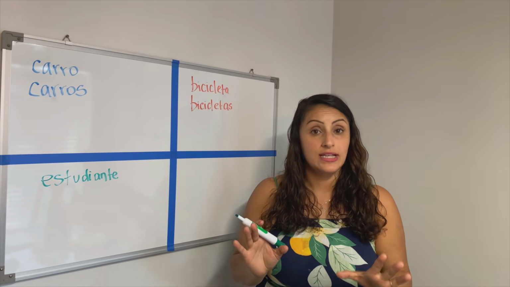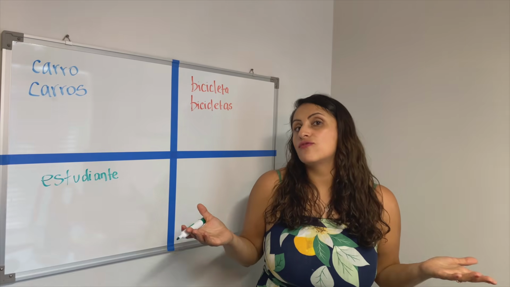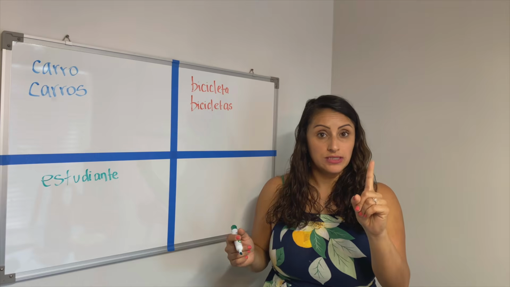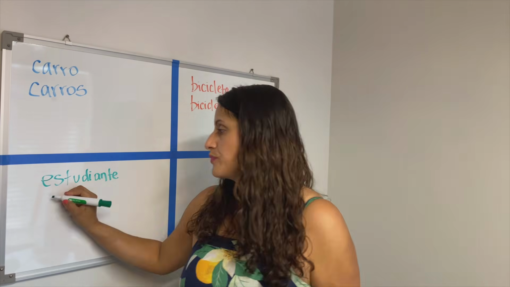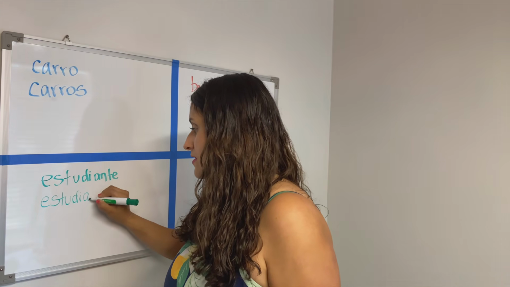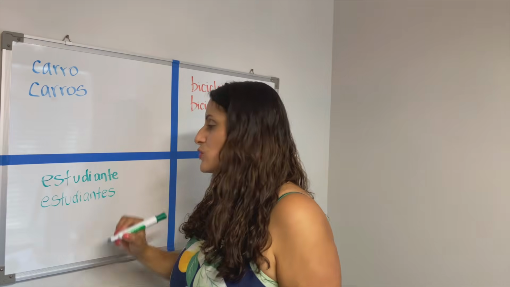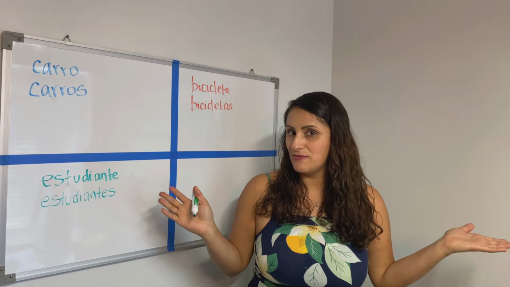Basically, there's no gender there. But the only time it changes is if we're talking about more than one student. So we go from estudiante to, and I think you know this, estudiantes. We simply added the S. That's it for that one.